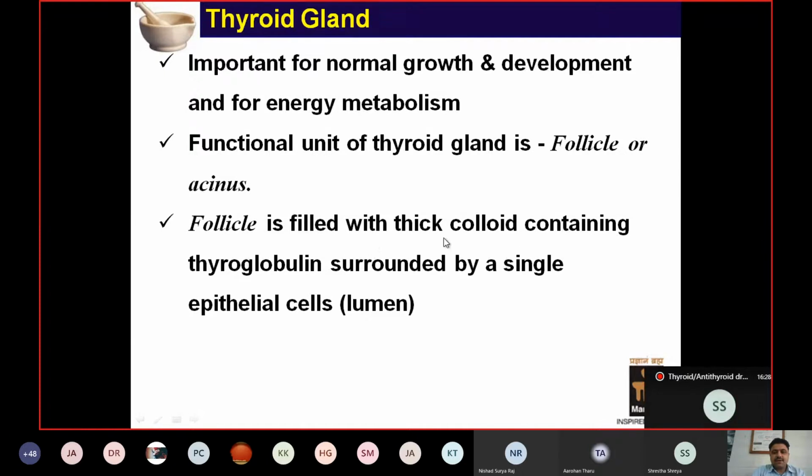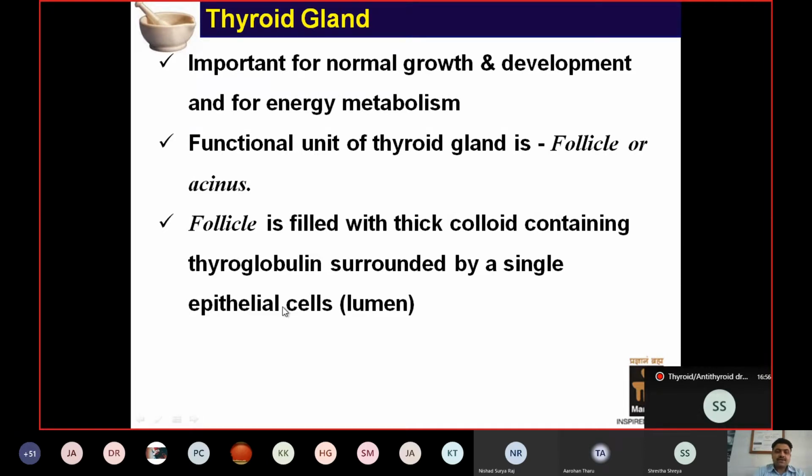Follicle is filled with thick colloid containing thyroglobulin, which is surrounded by a single layer of epithelial cells. That is what is called a follicle.